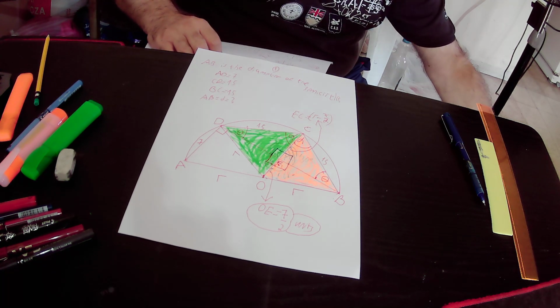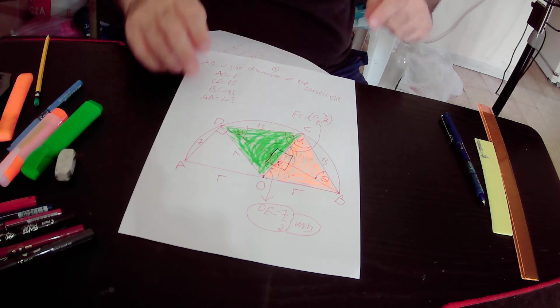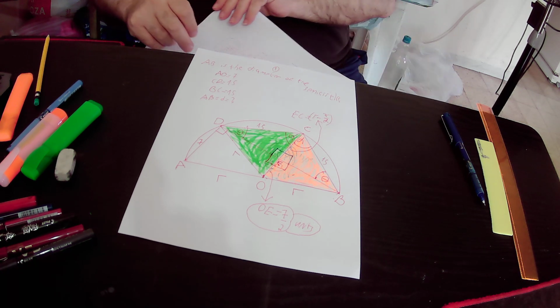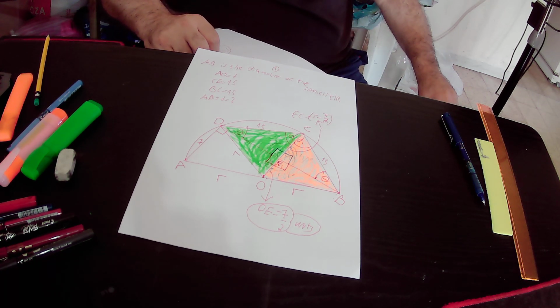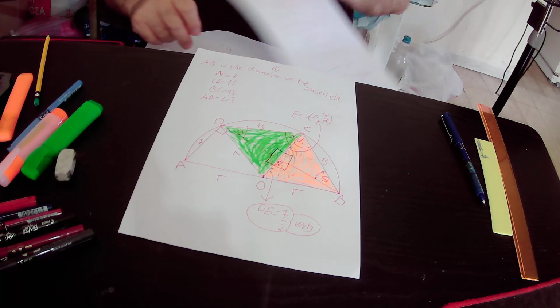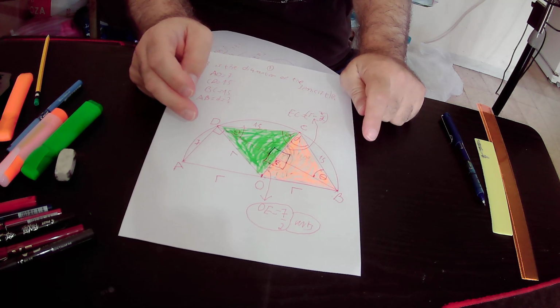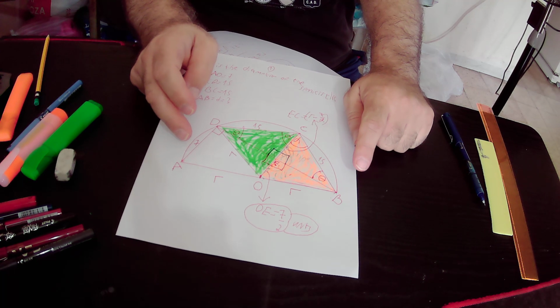Actually, we wanted to find out the diameter of this semicircle, and we know that AB is the diameter of this semicircle, but we want to find out the size of AB, the value of AB.